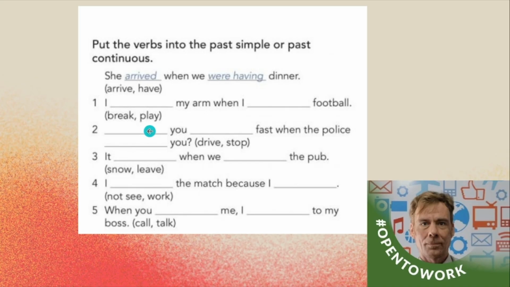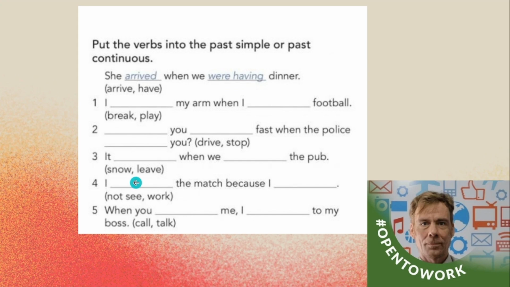So, because the verb to be is the question, we already know the first verb is drive. Were you driving fast when the police stop? Simple past, because it is the shorter of the two actions. Stopped you. Were you driving fast when the police stopped you?